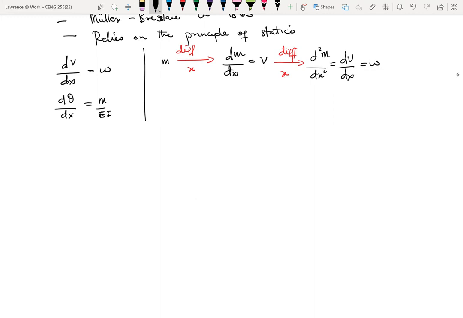So technically, d squared M over dx squared is the same as w, and pretty much these two are the same.